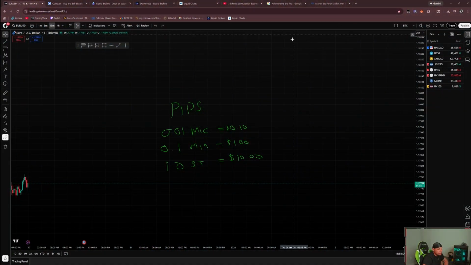What a pip is: right now we're on EUR/USD, which is the most popular forex pair. If you see the price over here down to the right, you've got 1.17754.